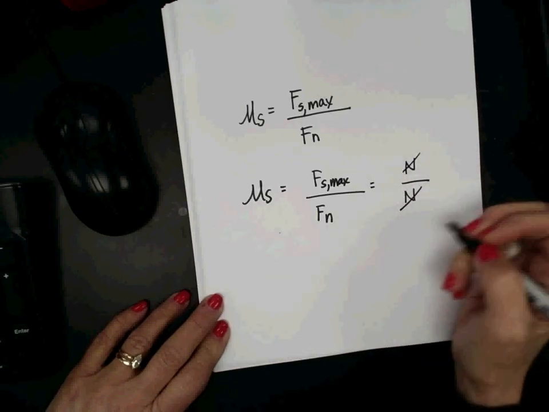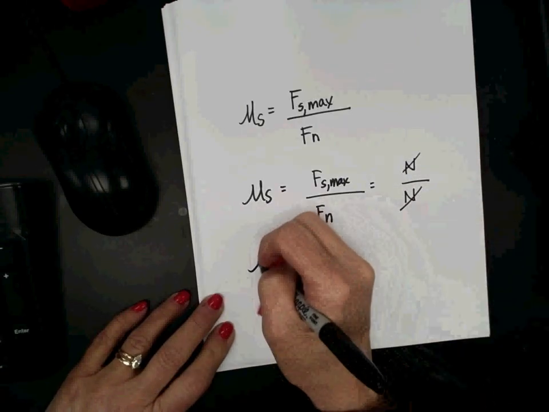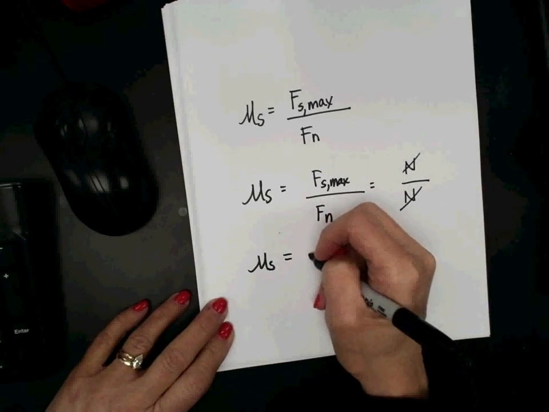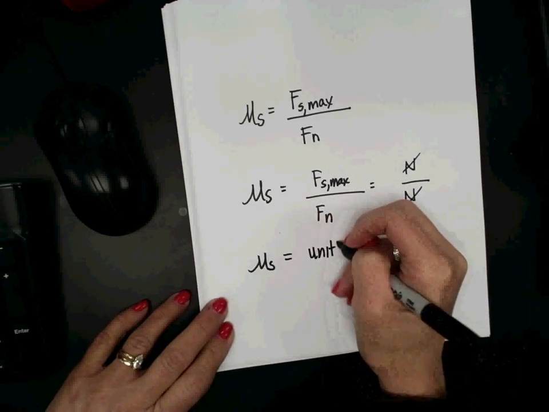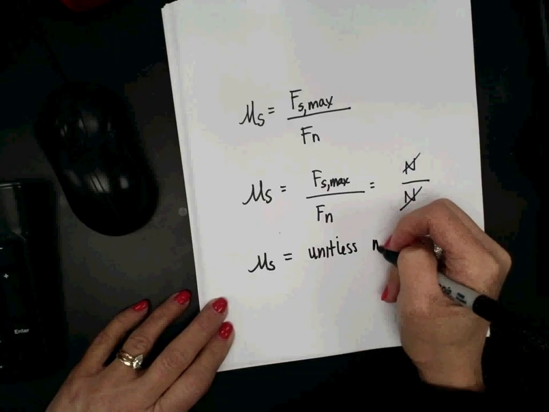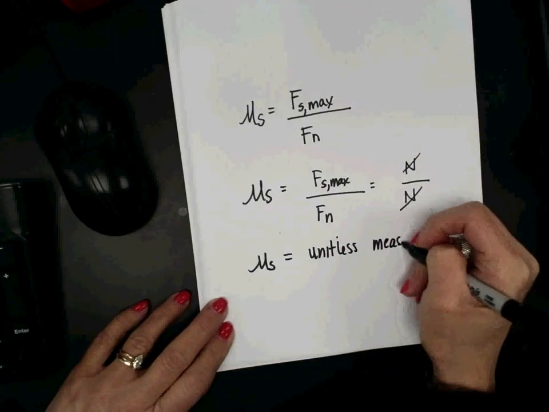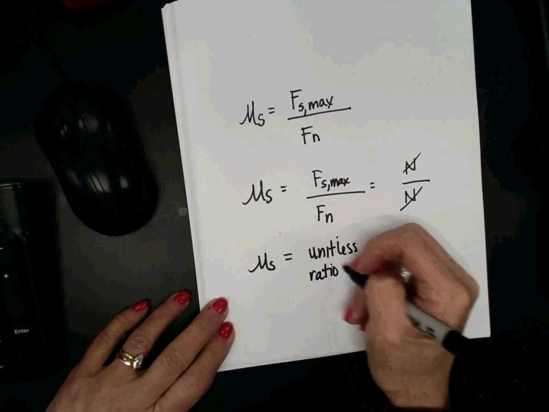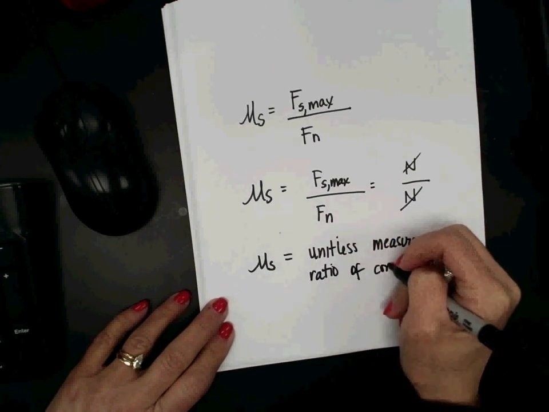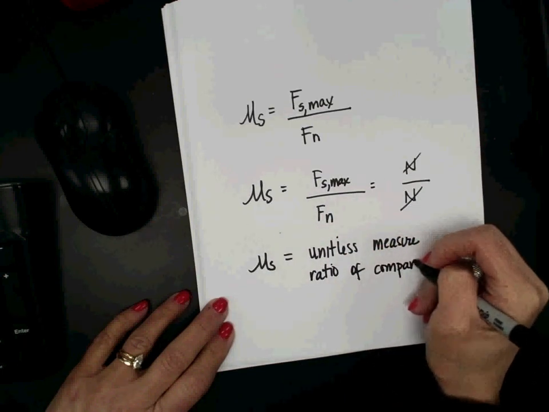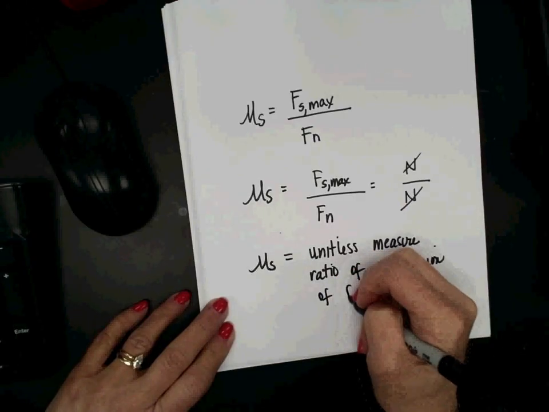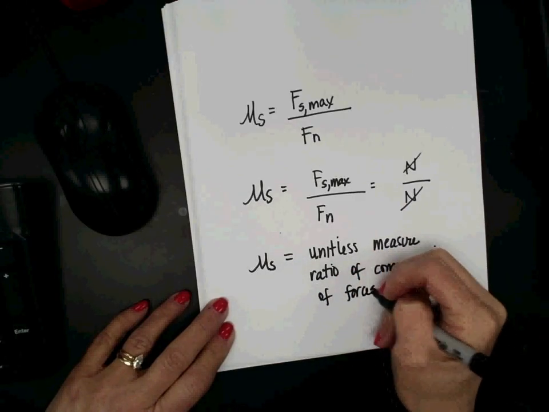I have newtons over newtons, hence they cancel each other out, so I can say that the coefficient of static friction is a unitless measure. It's a ratio of comparison of forces present.